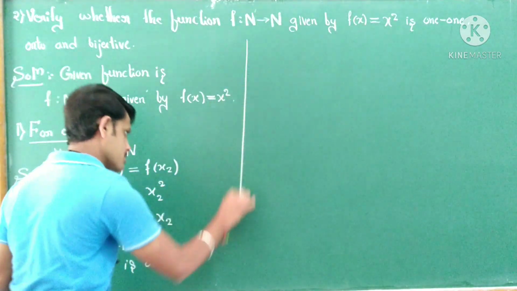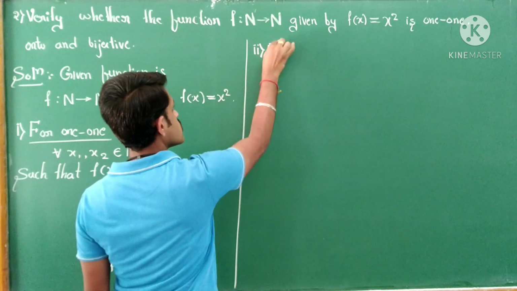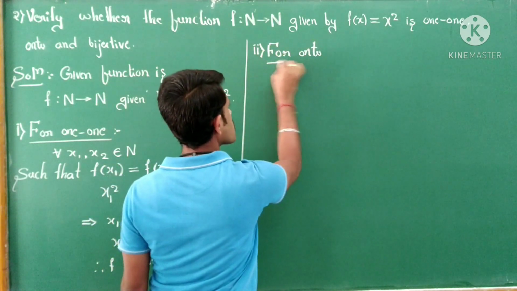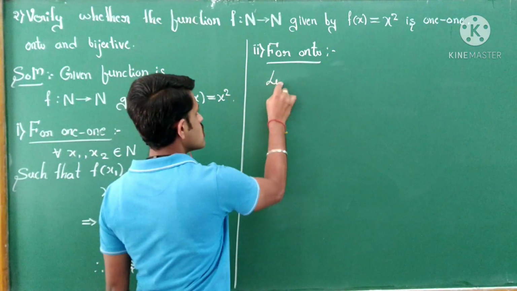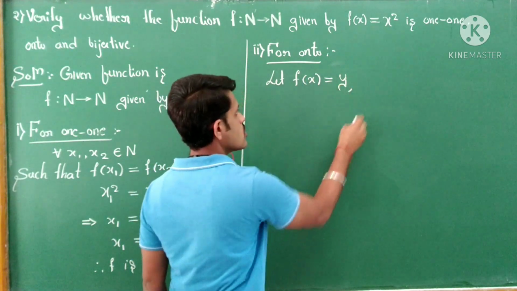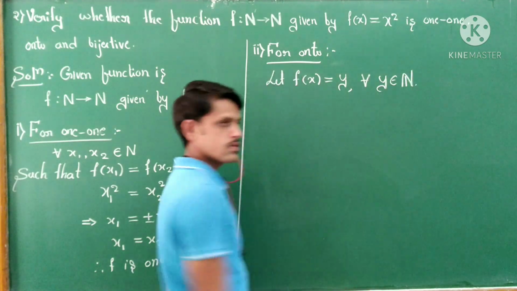And now for onto, let f of x is equal to y for all y belongs to natural numbers N, that is given.